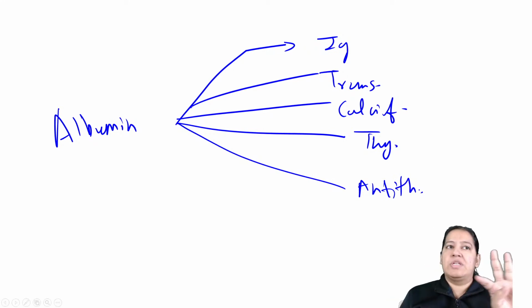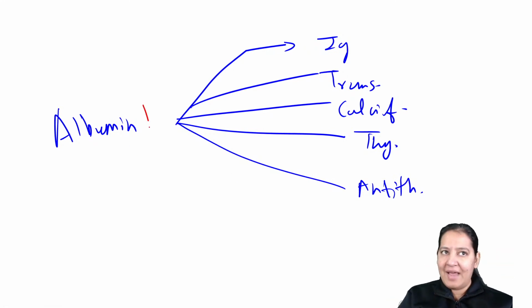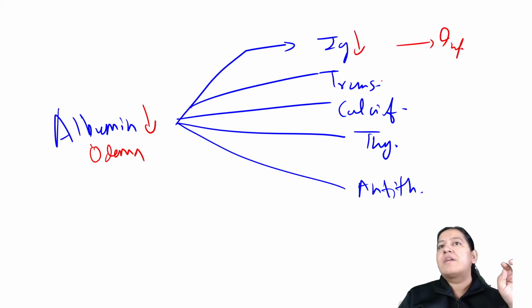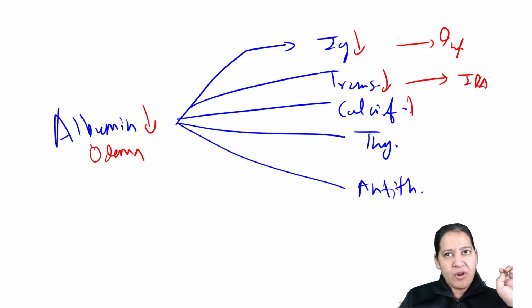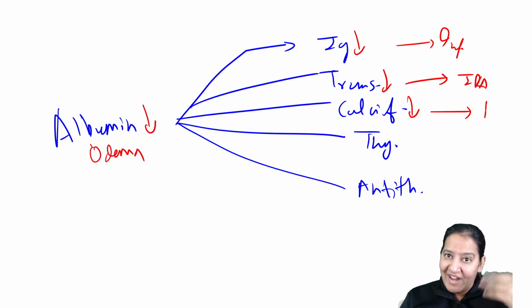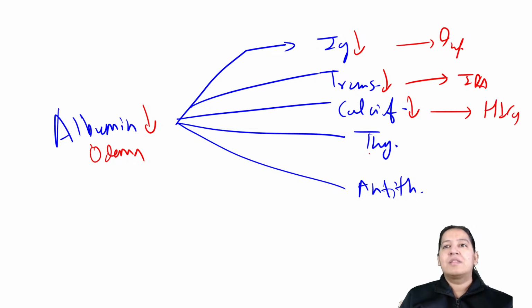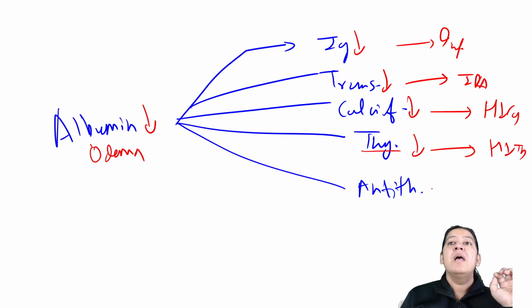They are also excreted. Albumin is less, it will result in edema. Immunoglobulin is less, so it will result in infection. Transferrin is less, it results in iron deficiency anemia. Calciferol is less, so less vitamin D, so hypocalcemia. Thyroxine binding protein is less, so hypothyroidism. Antithrombin is less, it will result in hypercoagulability.